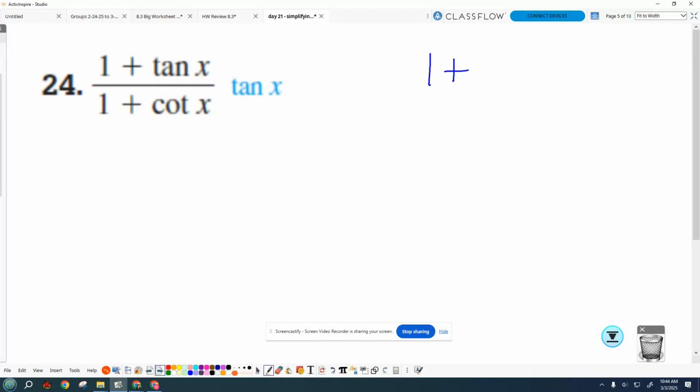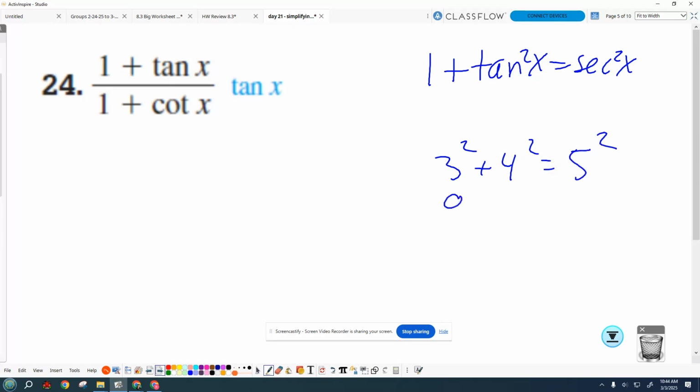The identity that we know, as I kept saying, is all these things squared. So there's one of those triangle patterns, the 3, 4, 5 triangle: 3 squared plus 4 squared is 9 plus 16, which is 25, which is 5 squared. Yes, right?